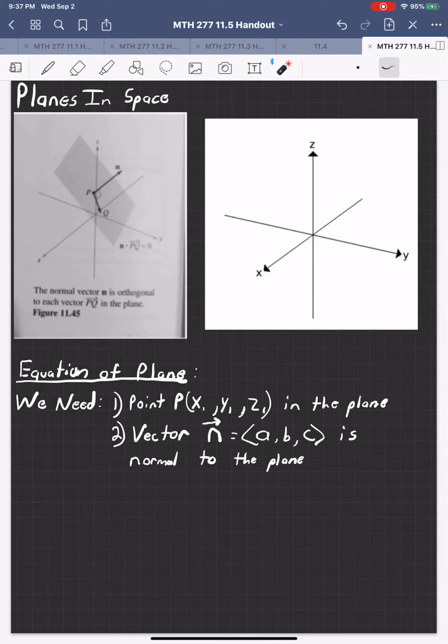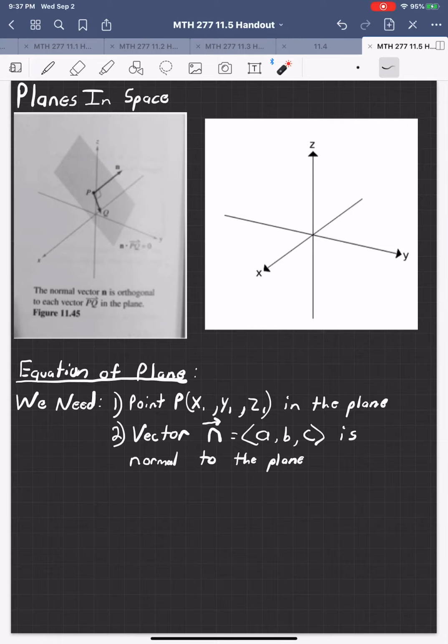So now let me start with what we need. If you want to build an equation of a plane, here's what we need. First thing, we're going to need at least 1 point in the plane. I'm going to call on this picture here. So this point P right here, I need to know at least 1 point in the plane.